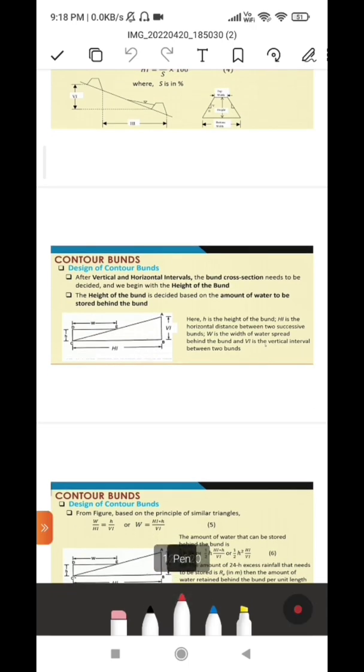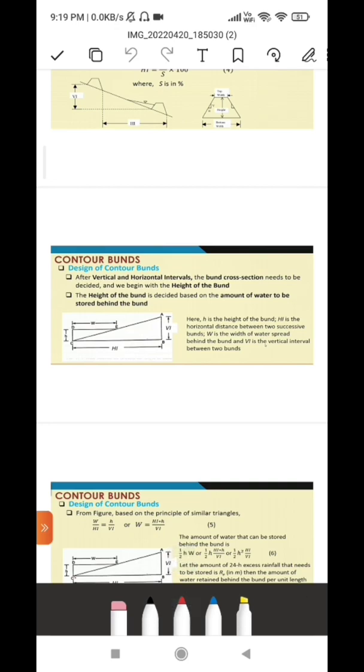After we have calculated the vertical and horizontal intervals, we can calculate the bund cross section. But before that, we also need to know the height of the bund. The height of the bund is based upon the amount of water that needs to be stored behind the bund. So there is also a derivation for it.